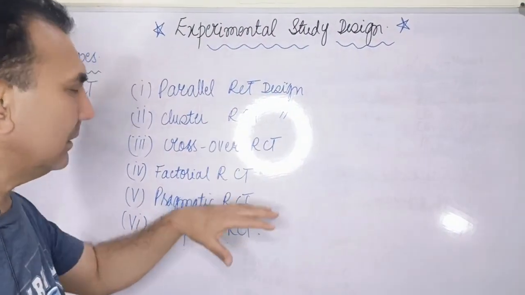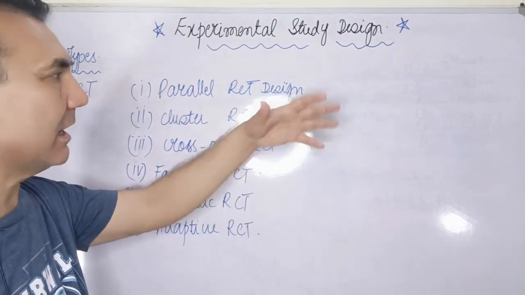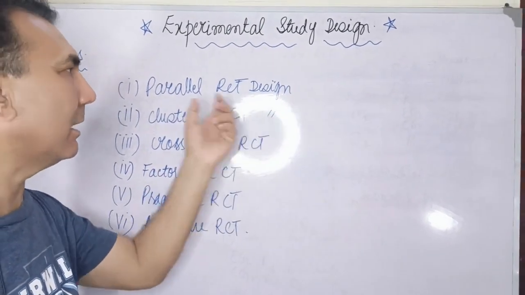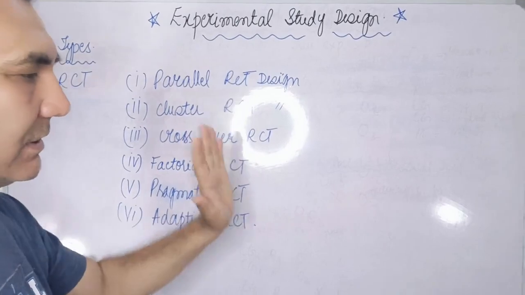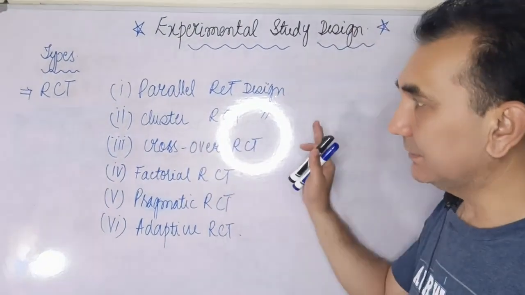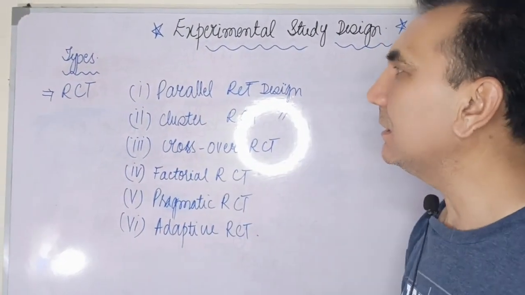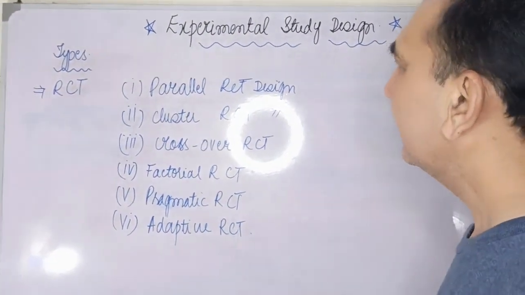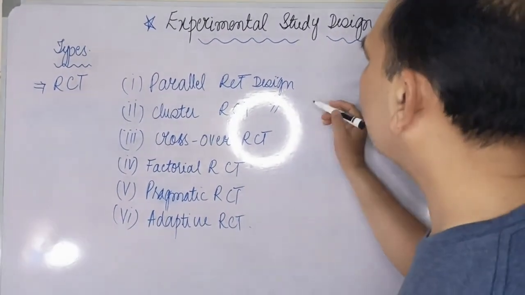Now let's discuss and elaborate briefly about each design, what methods are used by the researcher to conduct the study by these types of the RCT design. The first one is the parallel study design.